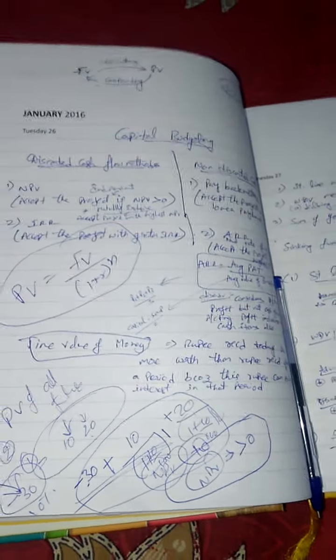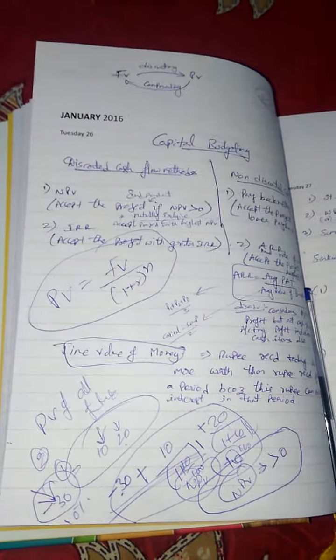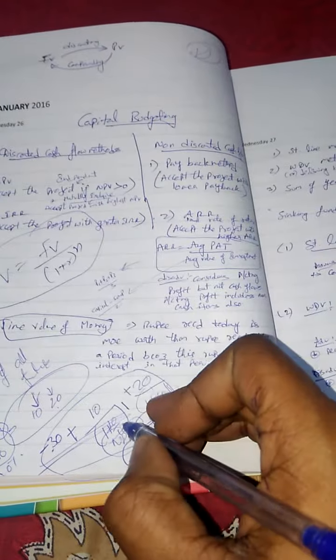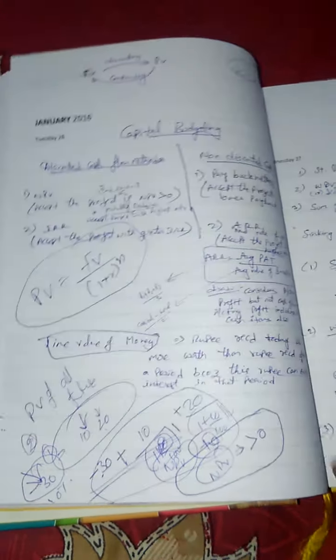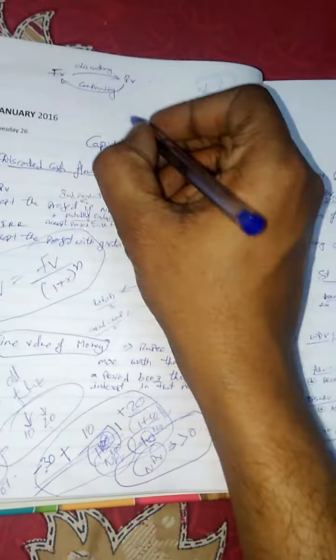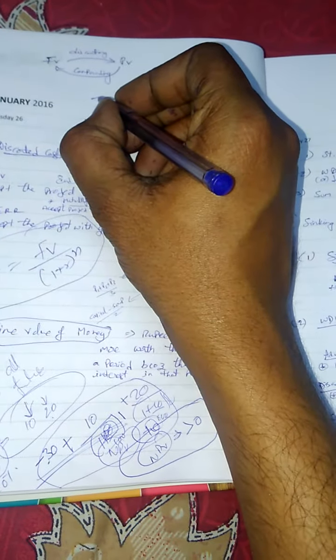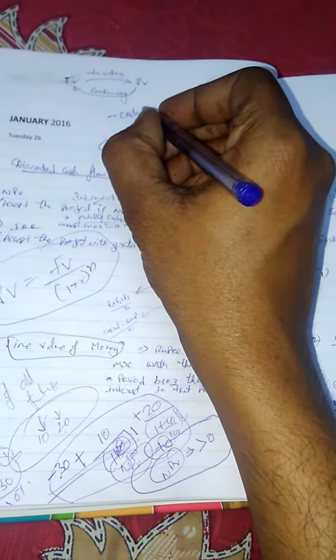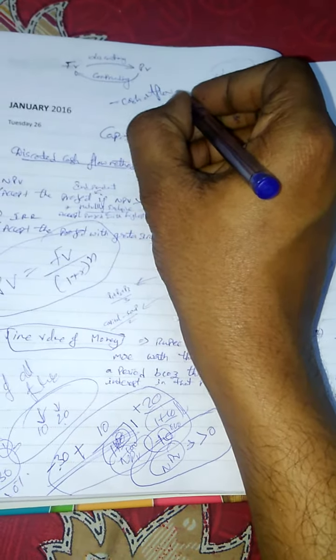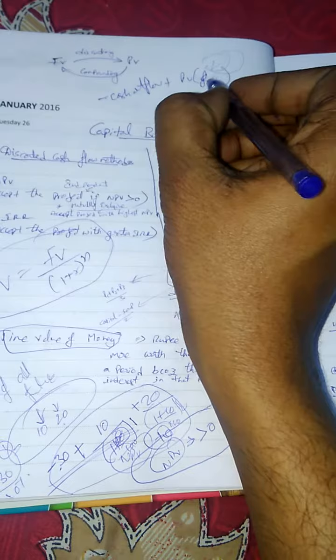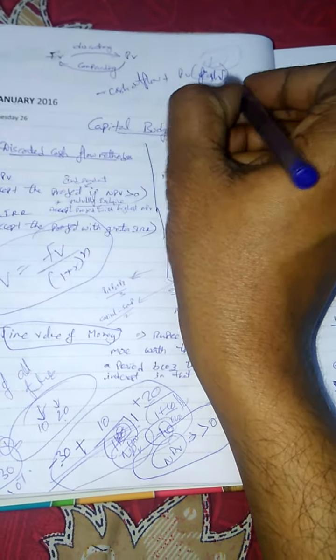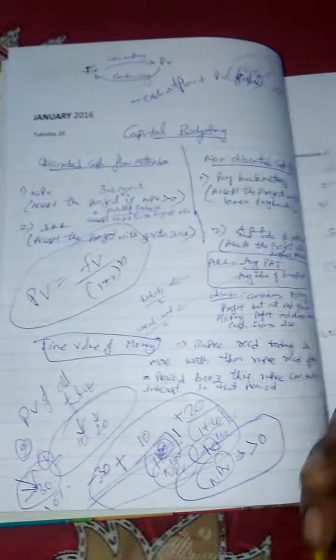Clear? Next, second method is IRR, internal rate of return. In this we'll find this r at which NPV is 0, that is minus cash outflow, these all are present values, plus present value of all future cash inflows, is equal to 0.